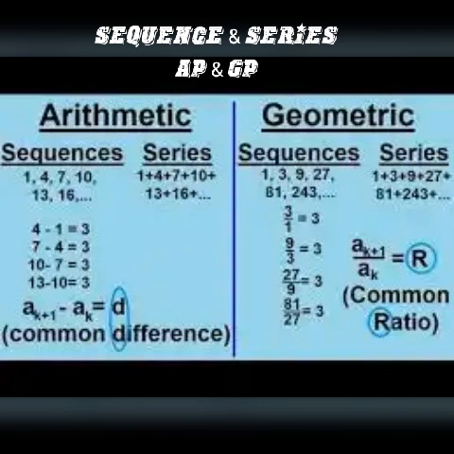Take for instance, in a question given here, that the fourth and the seventh terms of an arithmetic progression are 18 and 33 respectively.